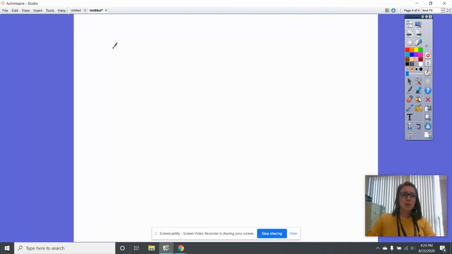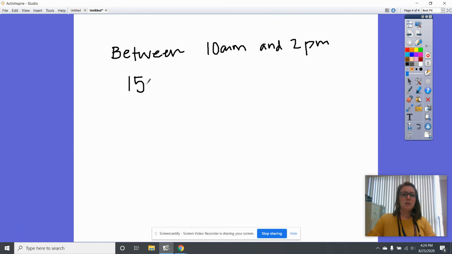Let's say that between 10 a.m. and 2 p.m., the temperature changed 16 degrees total, and it changed the same amount each hour.